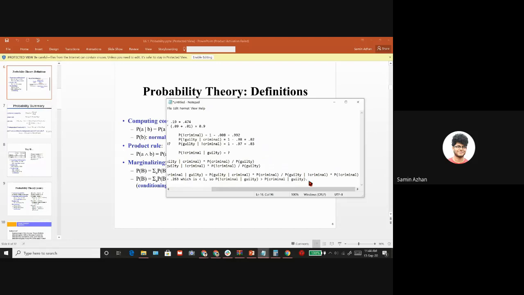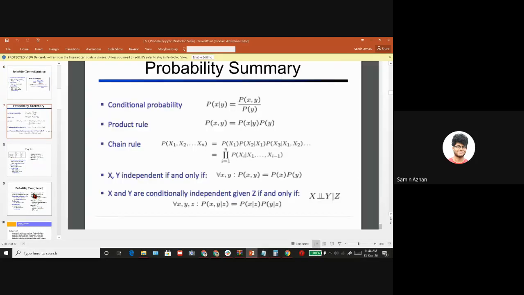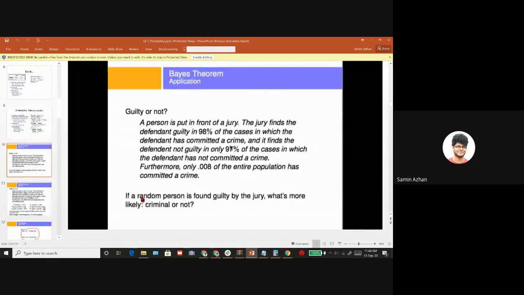So there you go. That's your answer. So the chances of the person being not criminal is higher. Our question was, if a random person is found guilty by the jury, what's more likely? So our answer should be not criminal.